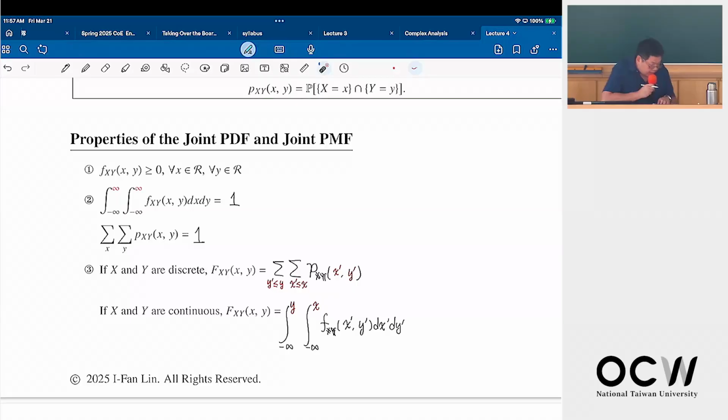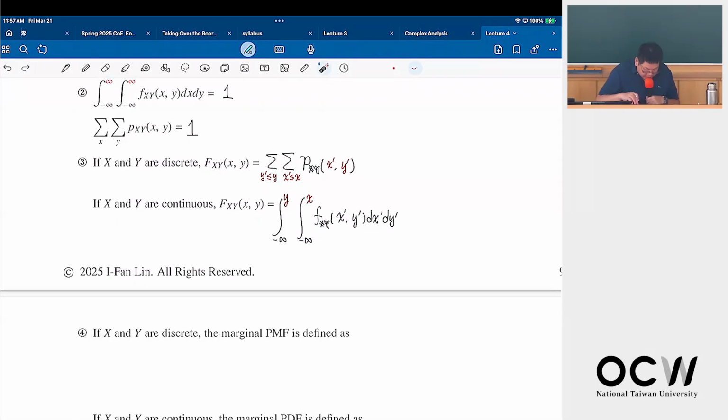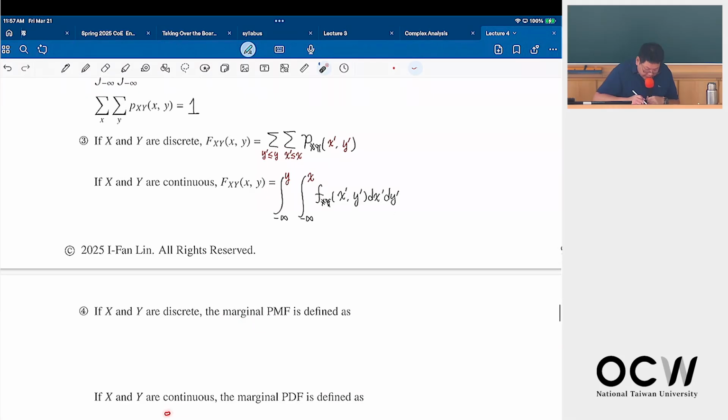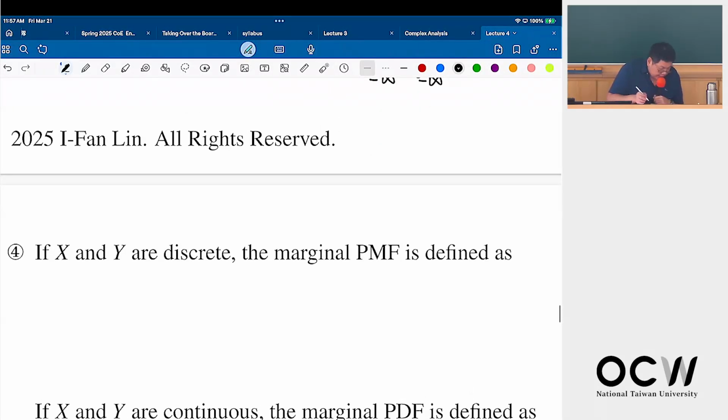And last, if x and y are discrete, how can I find the marginal PMF? And for continuous x and y, what is the marginal PDF? First, the marginal PMF for discrete random variables. For the marginal PMF of x, that means I don't want the variable y, I only have x.